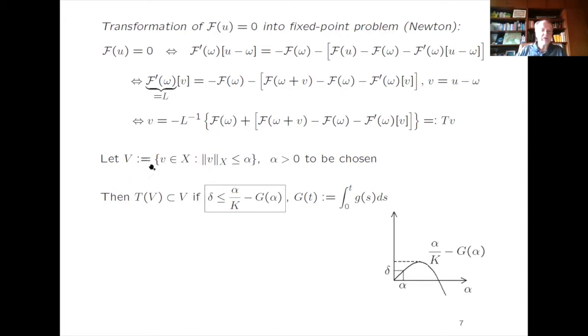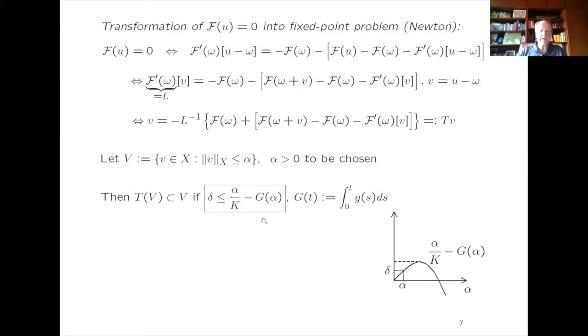If we put V to be a ball centered at 0 with radius alpha, alpha is still unknown, then we can rather easily calculate that this set V is indeed mapped into itself by the fixed point operator T if delta is less than or equal to alpha over k minus capital G of alpha, where capital G is the primitive of little g. Recall little g is this local Lipschitz bound, k is the bound for the inverse of L, delta is the bound for the residual.